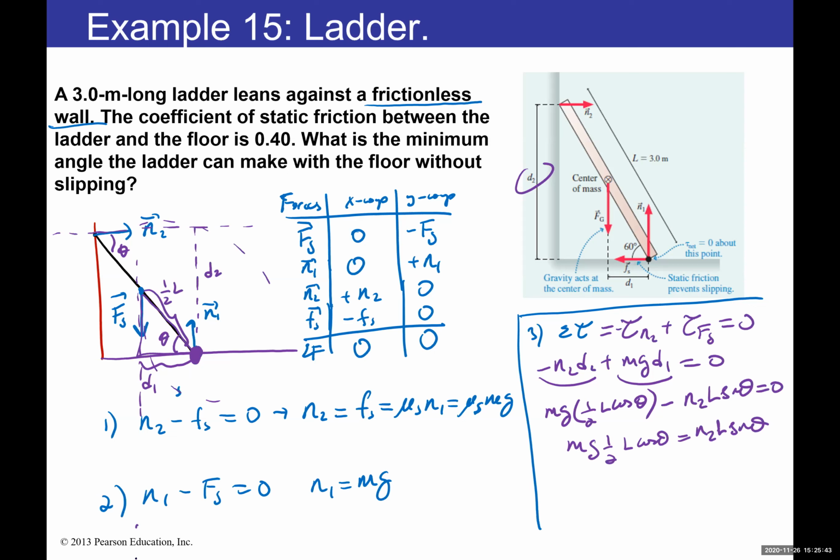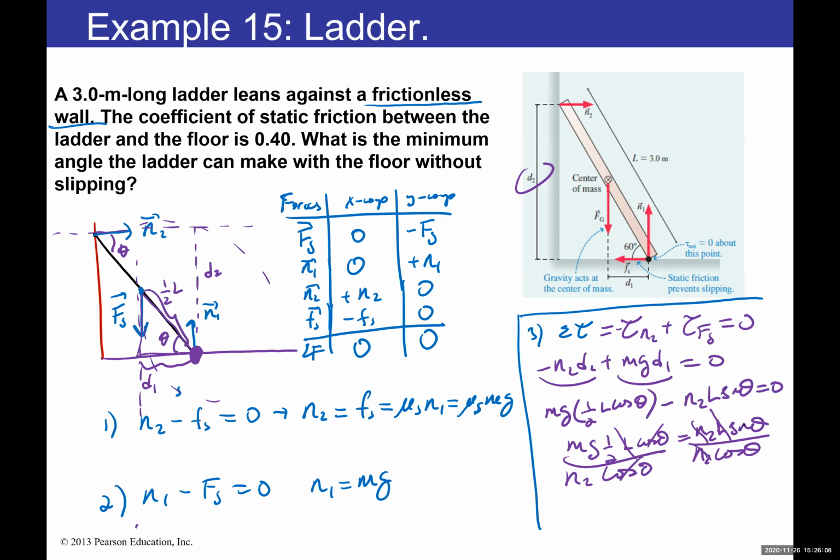From here, I can cancel the L's. Then I divide both sides by cosine theta, so this goes away on the left. On the right side, I divide both sides by N2 as well, so it cancels out.